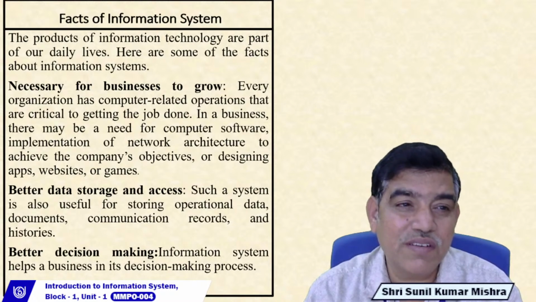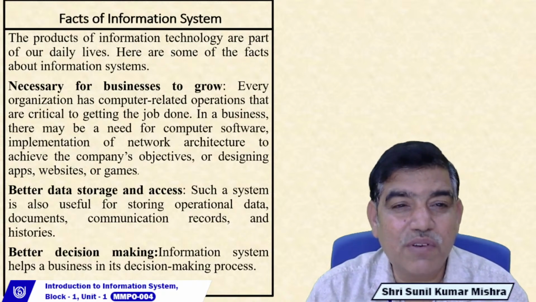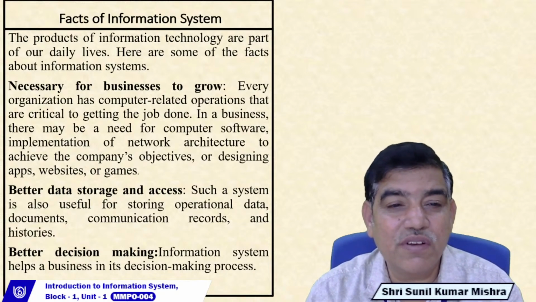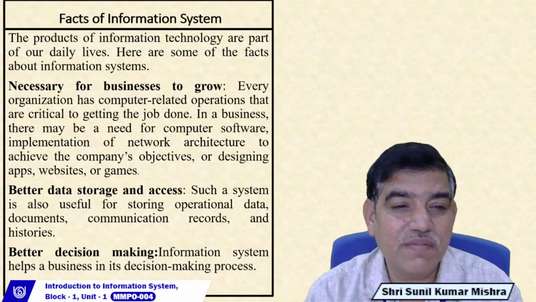The first one is that it is necessary for business to grow. Every organization has computer related operations that are critical to getting the job done. In a business, there may be a need for computer software, implementation of network architecture to achieve the company's objectives, or designing apps, websites, or games.